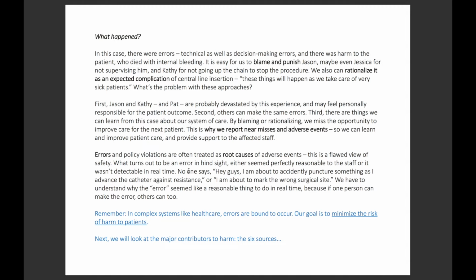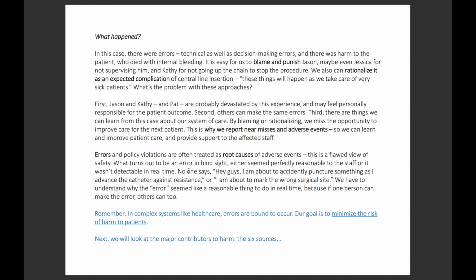We had a situation where there was a wrong site operation, and because there was a marking, and the surgeon left the room and came back in, and there was another marking, and the conversation was left, right, and it was left.